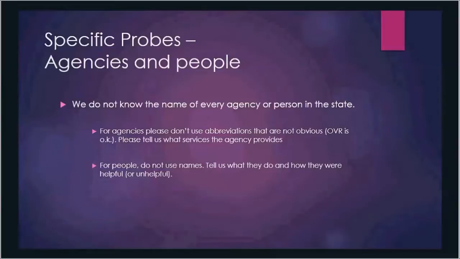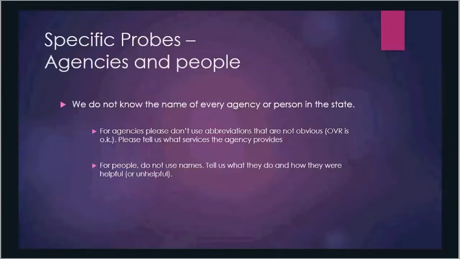This person says that they go to that agency. I don't have any idea. I assume the KY is Kentucky, but who knows? So that doesn't do us a whole lot of good to have just an abbreviation. Please list out the name of the agency, and also tell us what the agency does. I mean, what it's providing.